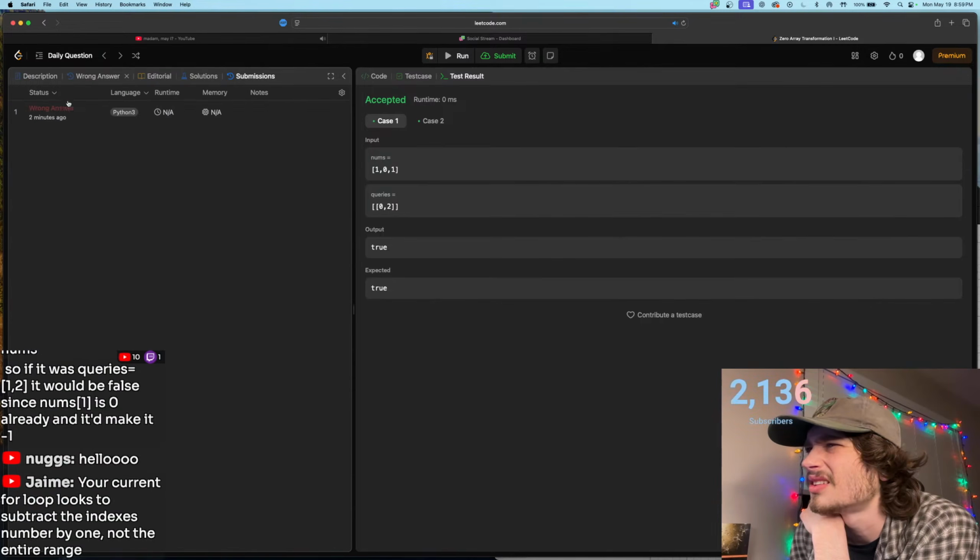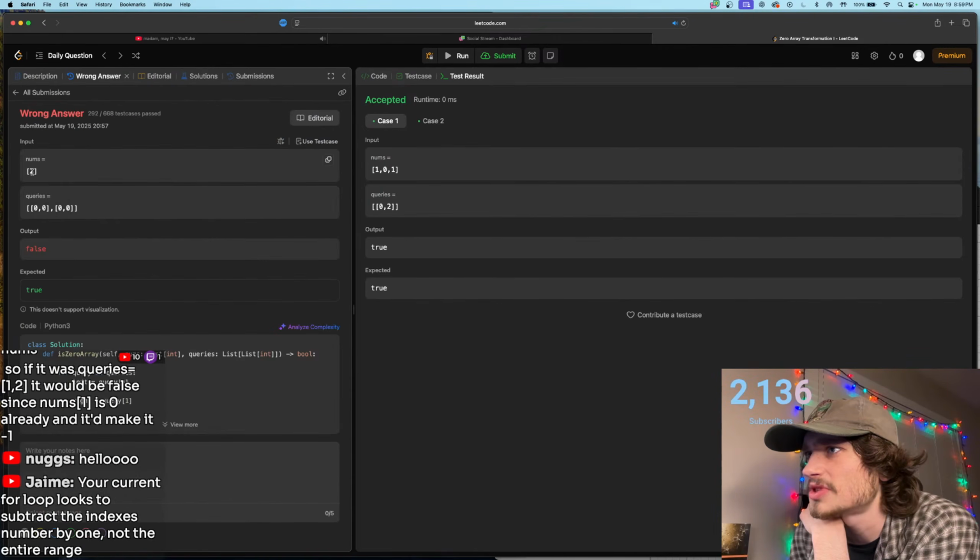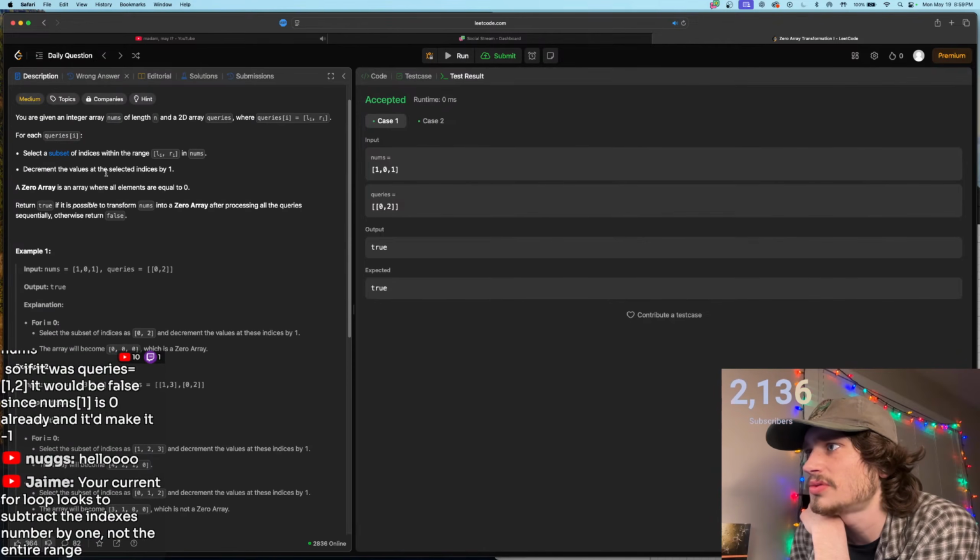What? So this array becomes 0 after this one, and then after this query, this becomes -2. Can you not subtract from a 0 by 1?